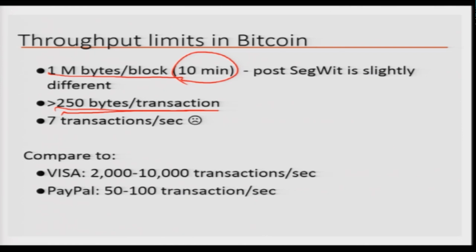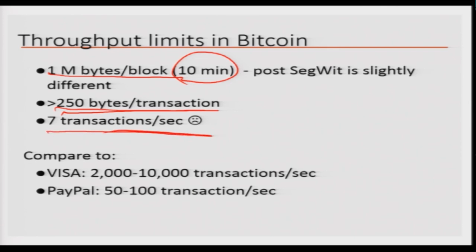Actually you have to wait for 60 minutes to see 6 confirmations. But assuming you are okay with 0 confirmations, even then you have only a block full of transactions, and that turns out to be about 7 transactions per second.